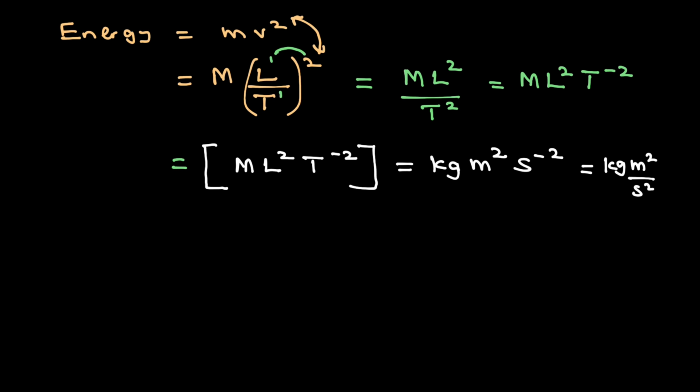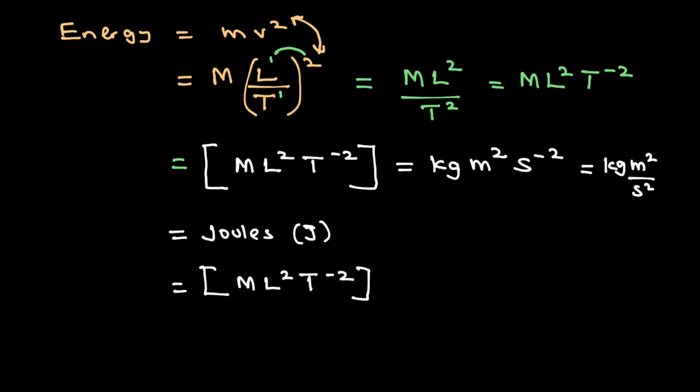And that unit is called joules, J for joules. So the dimension for energy is m L squared T to power minus 2, and the unit is kilogram meter squared per second squared. So that's unit, and this is dimension.